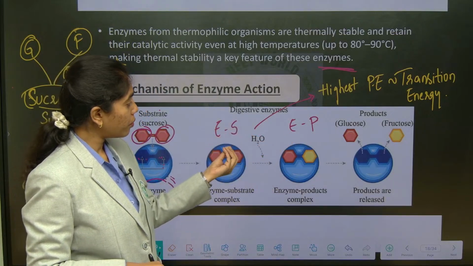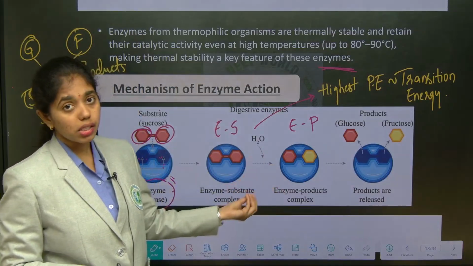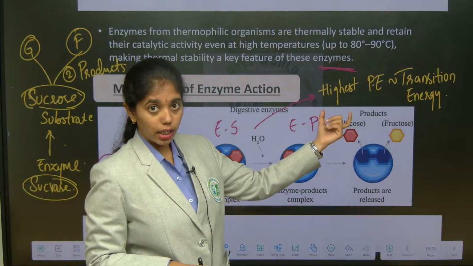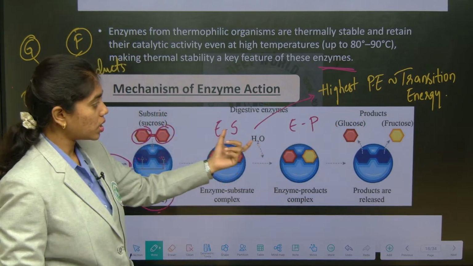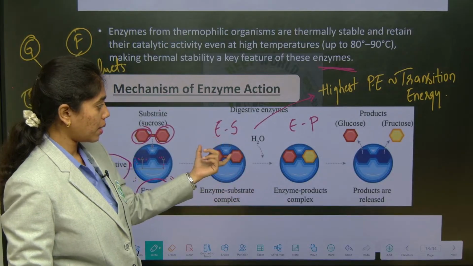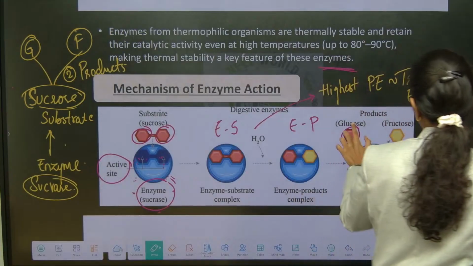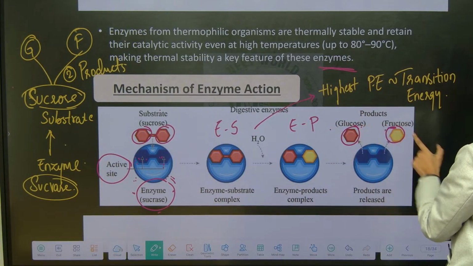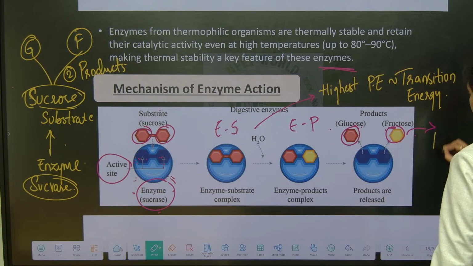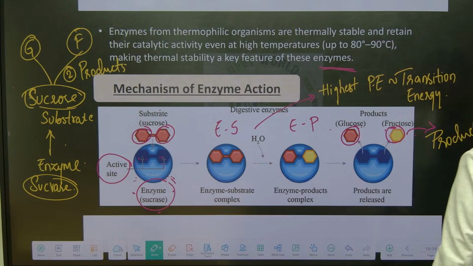To convert enzyme substrate to enzyme product requires highest potential energy, also addressed as transition energy. This will give out two products, glucose and fructose. As such, the products will be released from the enzyme product complex.